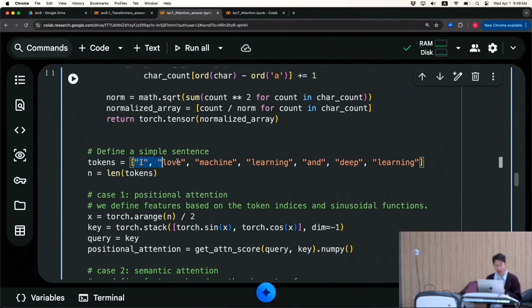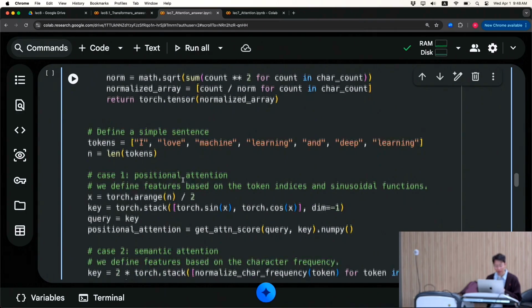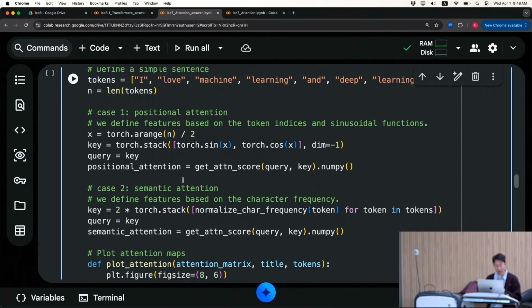Okay, so here is an example sequence of tokens: I love machine learning and deep learning. We're going to compare two different attention maps. One is based on the location of each token.